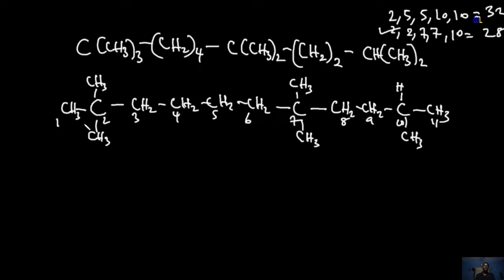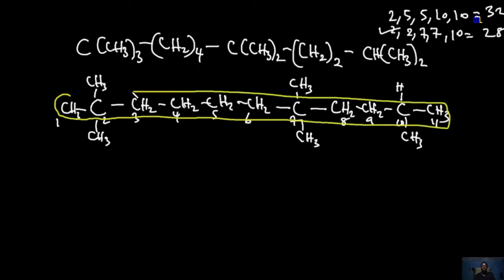Now to name this compound, I prefer to circle out my parent chain, as I told you, before I even continue doing anything. Now let's name this compound together. Methyl is the only substituent. So where are the methyls? I have 2, 2, 7, 7, and then 10.